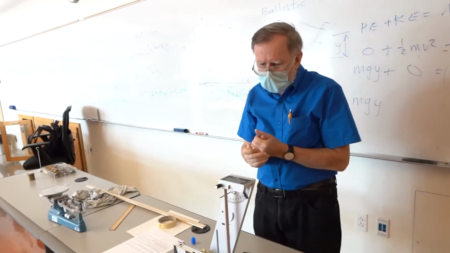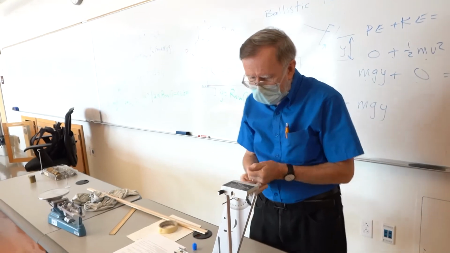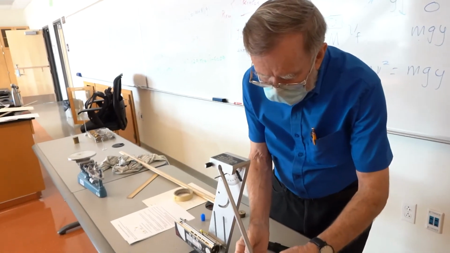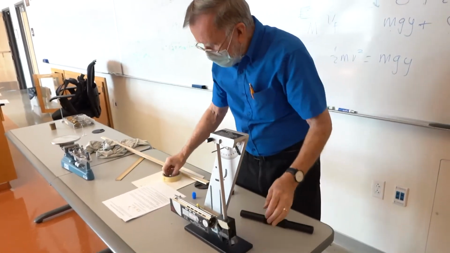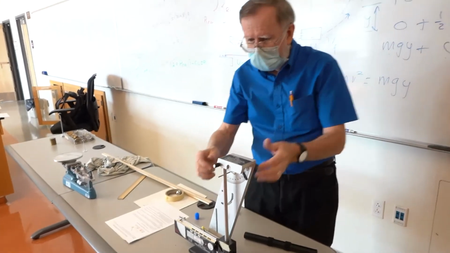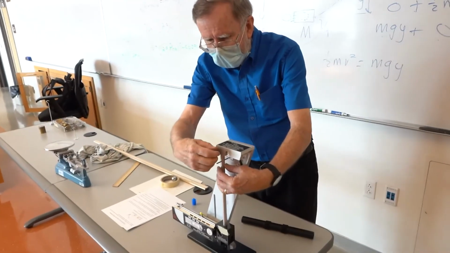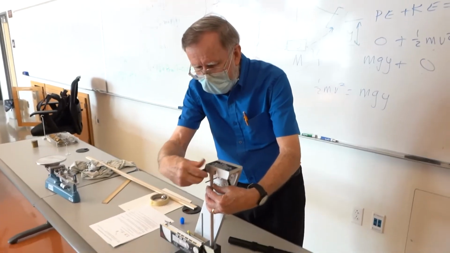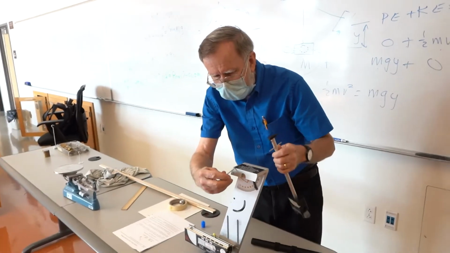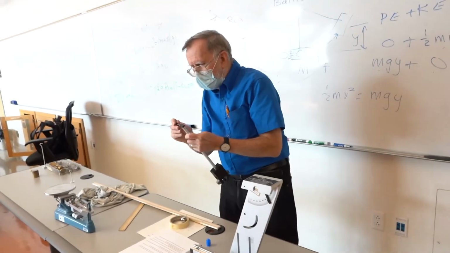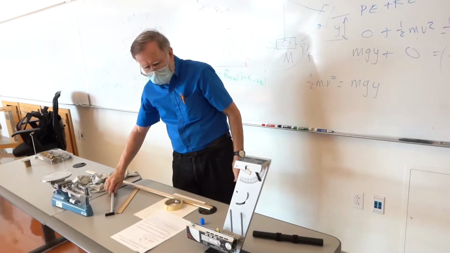Okay, so what we've just done is taken measurements to allow us to find the speed of the ball coming out of the gun, but we want to do it another way as well. What we're going to do this time to find the speed of the ball is we're going to shoot it onto the floor.